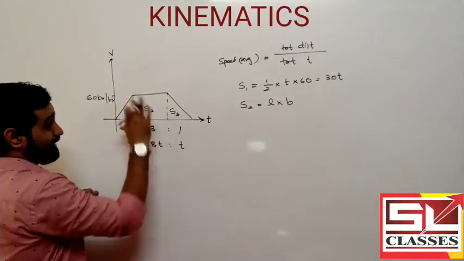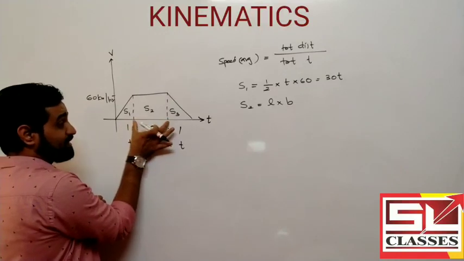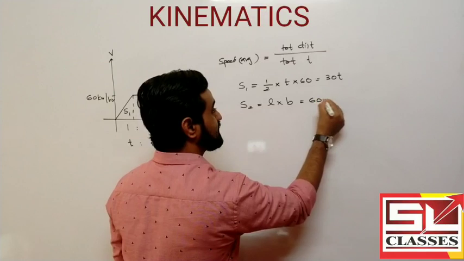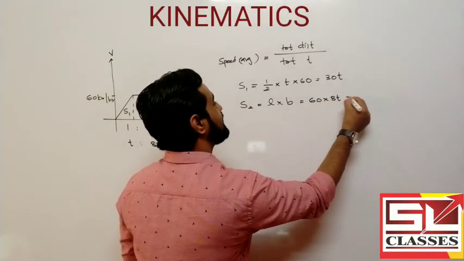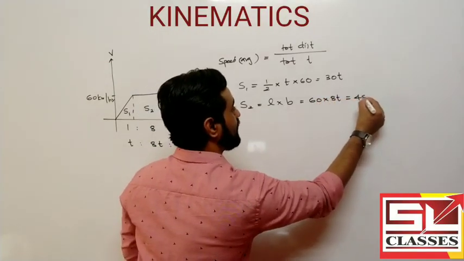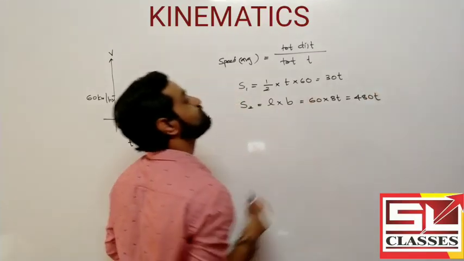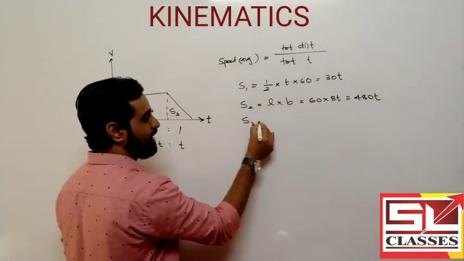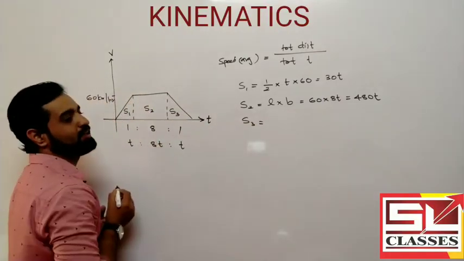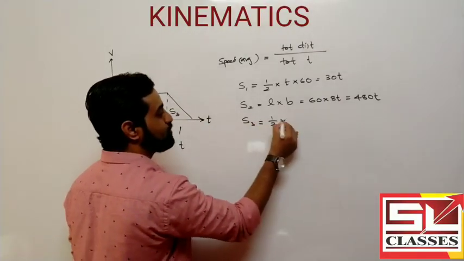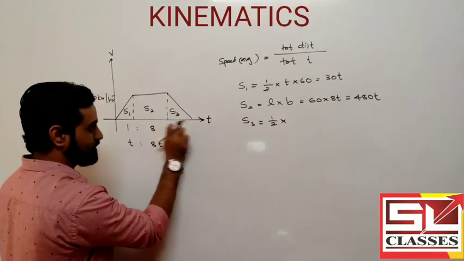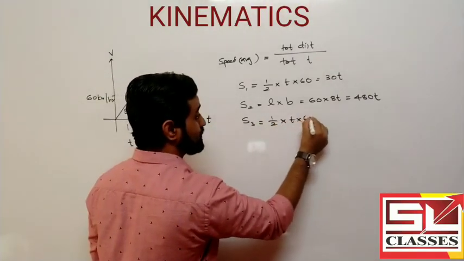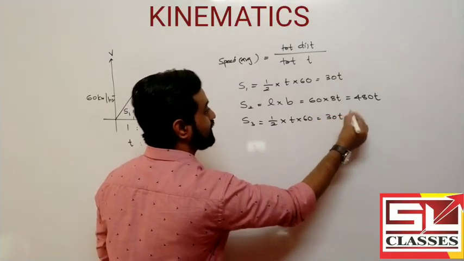Length is 8t and breadth is 60. So 60 into 8t is equal to 480t. Now what about the third distance S3? Again find the area. This is also a triangular region, half into base into height. The base is again t and height is 60, so we get 30t.